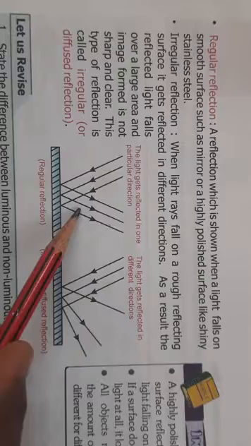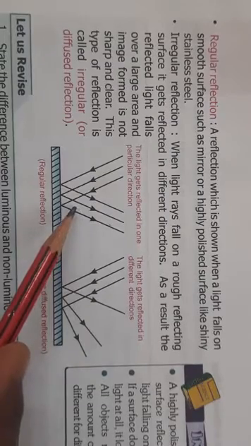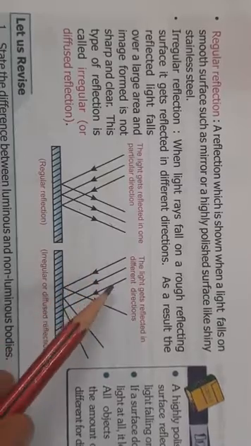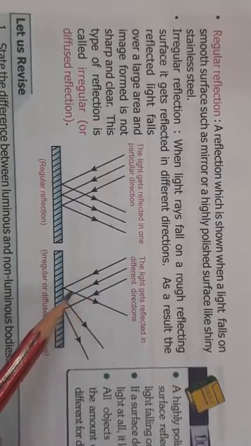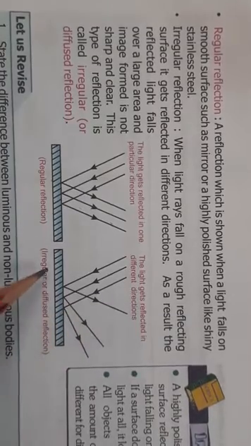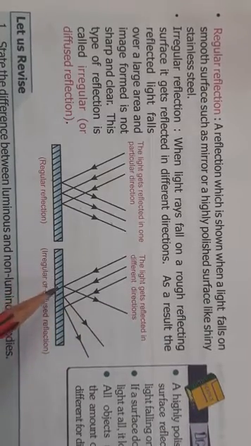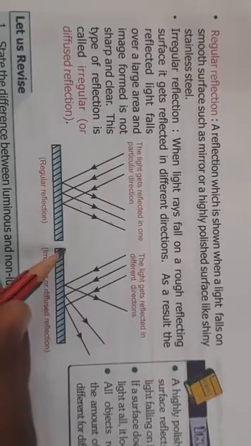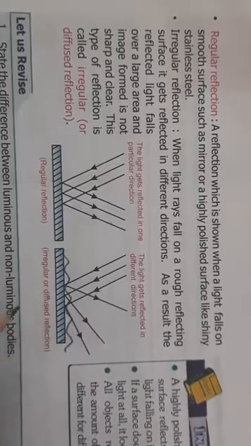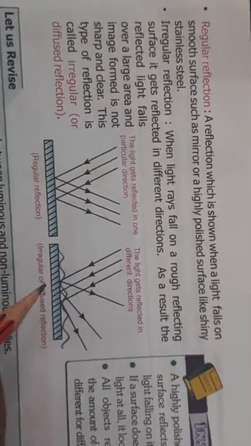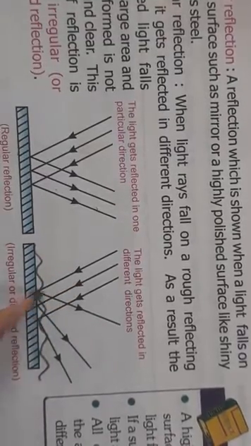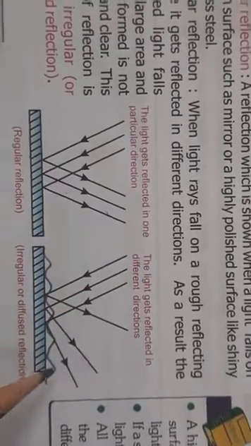And what is irregular reflection? Irregular reflection is when the light rays fall on a rough surface and it gets reflected in different directions. So here it is shown like this, but usually irregular reflection can be seen on irregular surfaces. When the surfaces are irregular, when these light rays fall, they get scattered here and there.